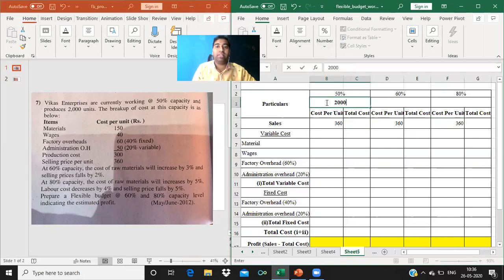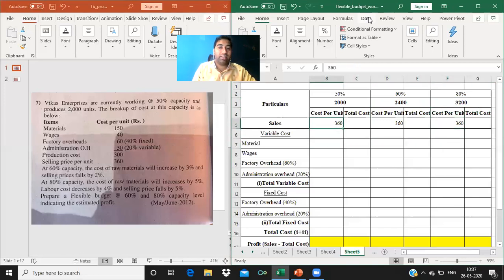At 50% capacity, the number of units is given as 2000 units, and at 60% capacity, we need to calculate, that is 2000 divided by 50 into 60, which is 2400 units, and at 80% capacity, it will be 2000 divided by 50 into 80, that is 3200 units.